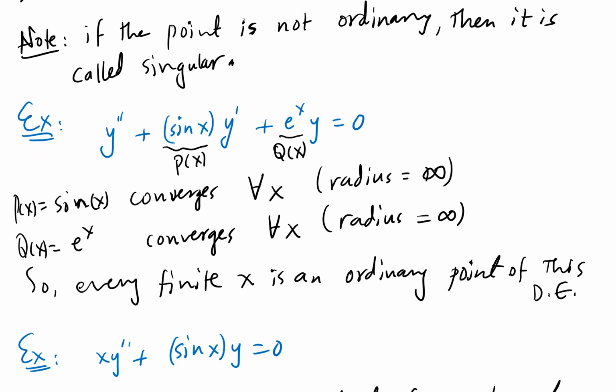Let's look at another example. x y double prime plus sine x y equals 0.